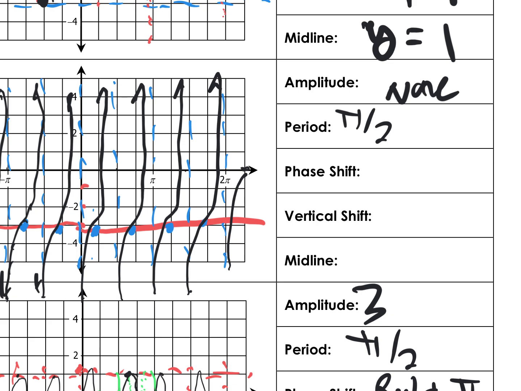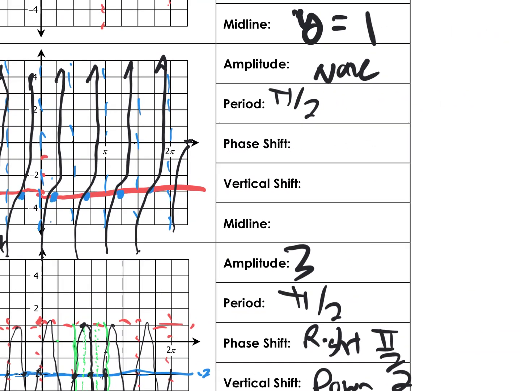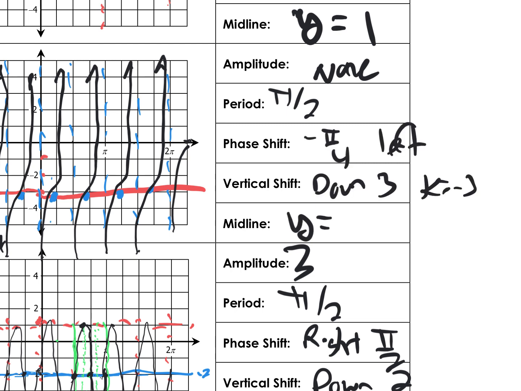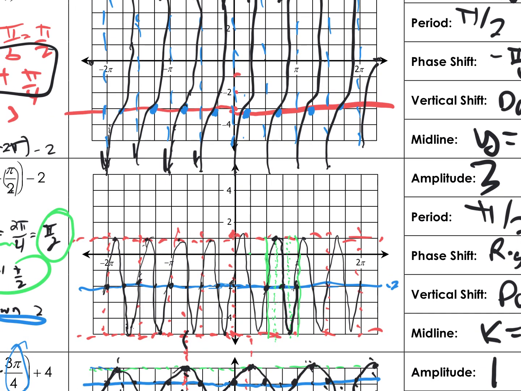Was it positive or negative? Negative, right? Because we went left. Negative pi over 4. That was left. Vertical shift. Did it go up or down? Down 3, because k was negative 3. Equation, y equals negative 3. That's the middle right there.